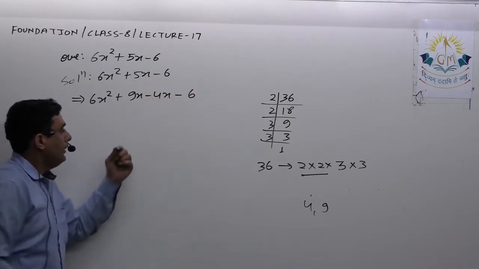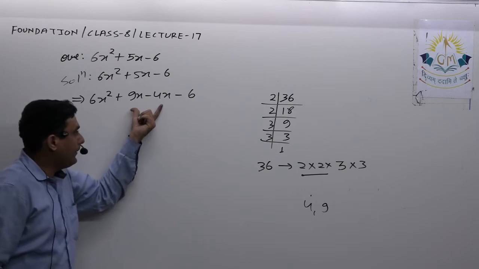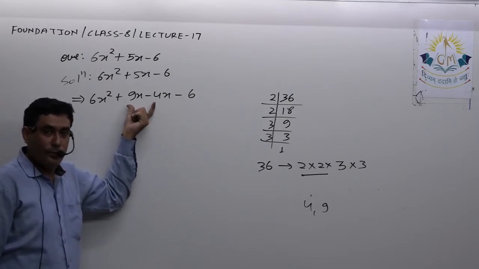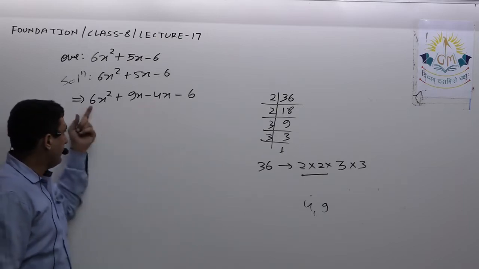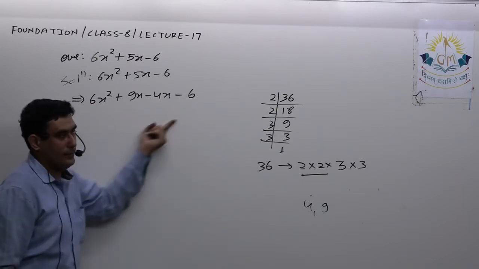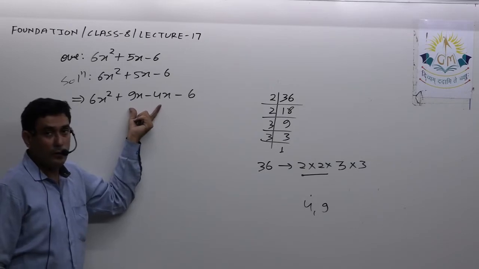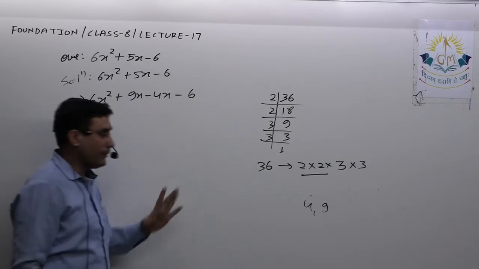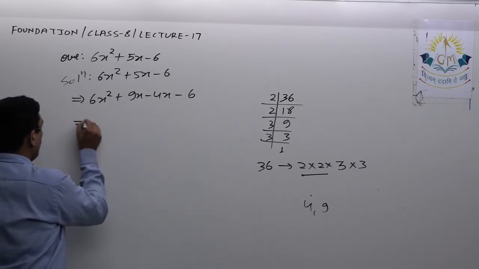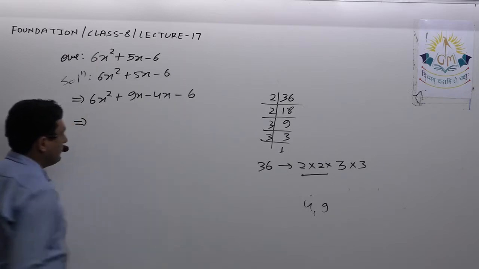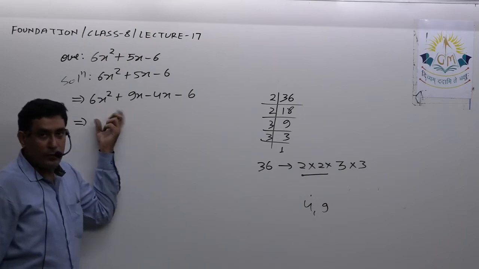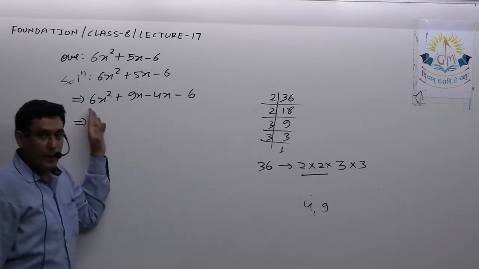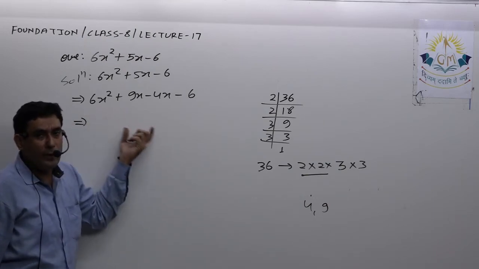Okay, now you should have that habit of checking the product. Product is minus 36x square. Here again the product is minus 36x square. That means this combination of these two terms is absolutely correct. Now we can proceed. Now from these two, what should we take common? See, till now we were solving questions in which x square has the coefficient 1, so it was very easy to take common.